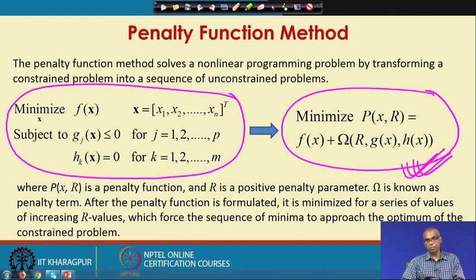Some of those methods we have discussed already. Now, you again change the value of r and solve the next unconstrained problem. If we go on doing like this, we will see the sequence of minima that we get will approach the optimum of the original constrained nonlinear programming problem.